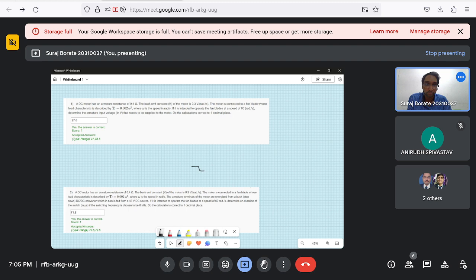Okay, so let's move on to the third question. A DC motor has armature resistance R equal to 0.5 ohm and an armature inductance L equal to 1 millihenry. The back EMF constant is given as 0.5 volt.